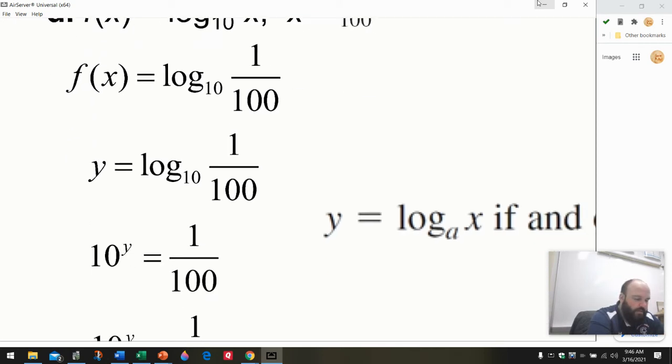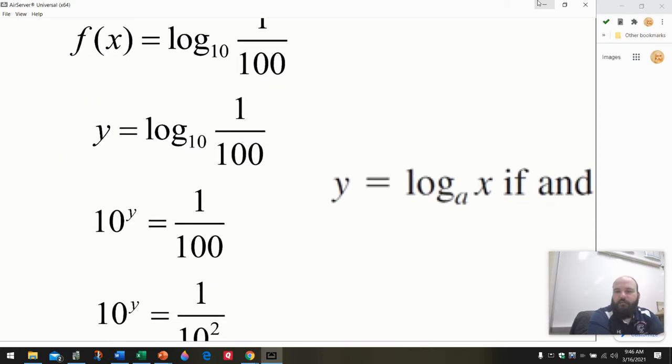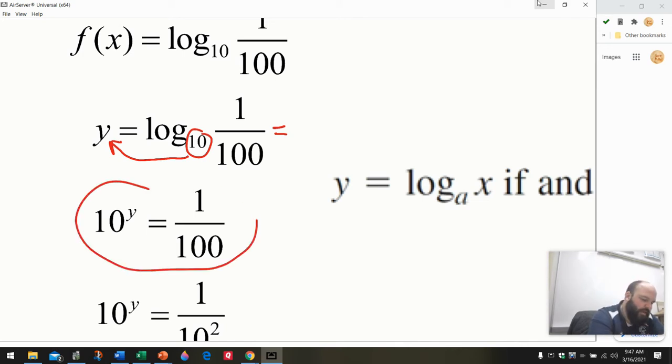And now we can use the formula, or not really formula, but a property of a logarithm to rewrite this from logarithmic form into exponential. So the base of the log is 10. So it's 10 to the y power is equal to 1 over 100. And that's what we have right here. 10 to the y equals 1 over 100.